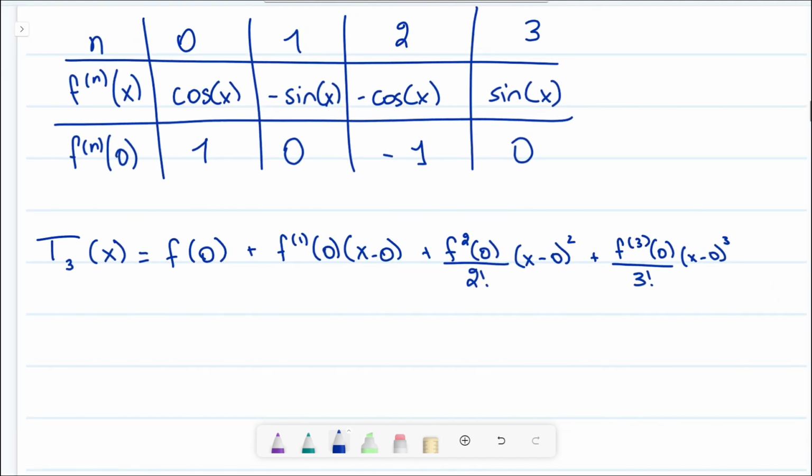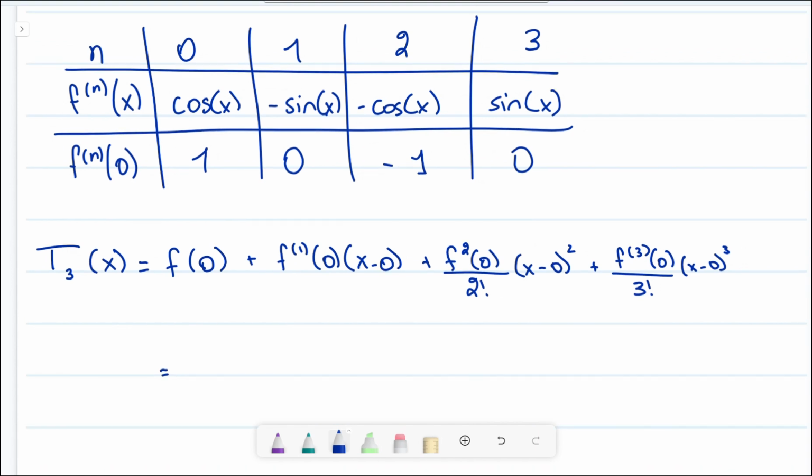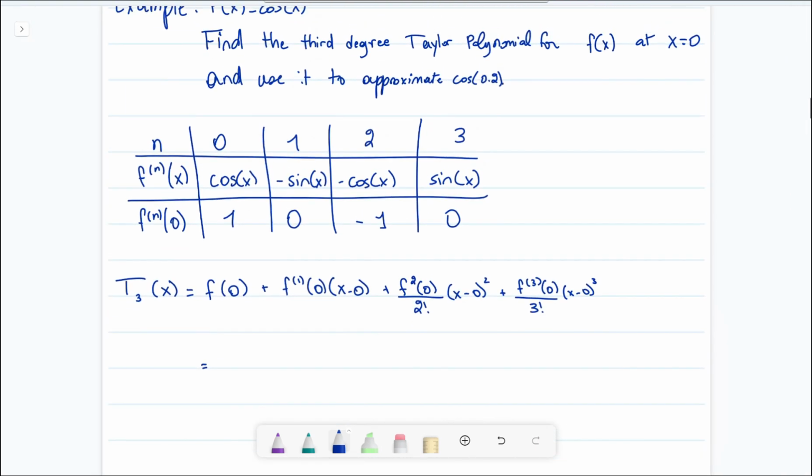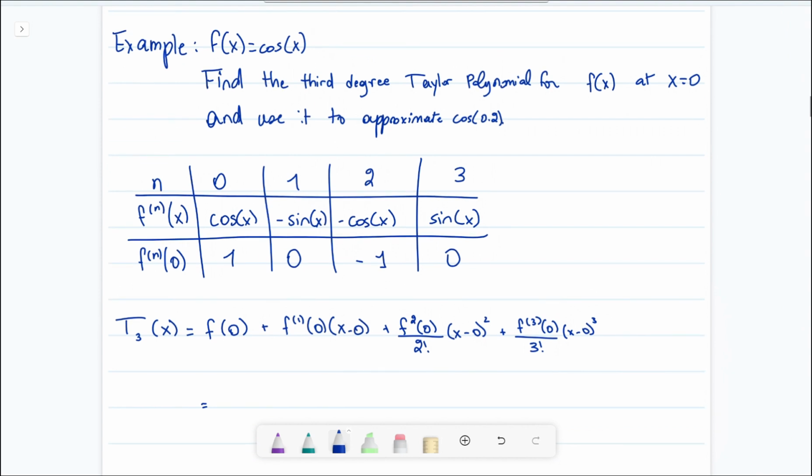Now let's start replacing with f of 0. So f of x equals cos of x. So f of 0 equals cos of 0, which is 1. And this, we can find here in the table.